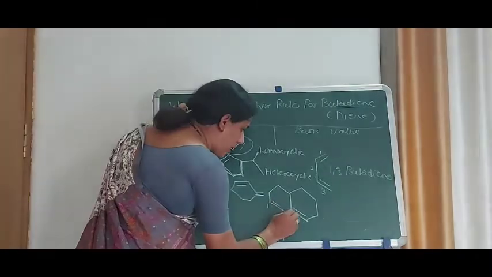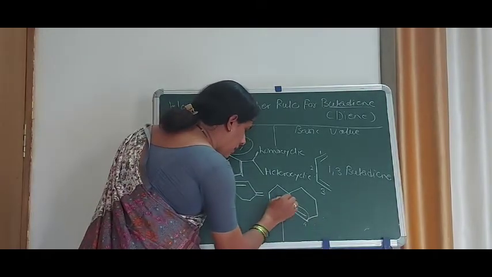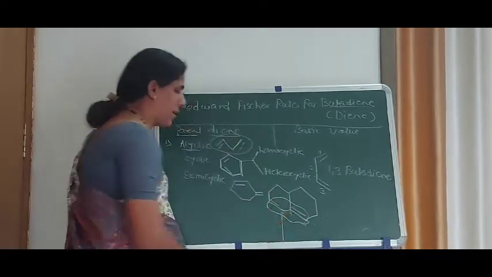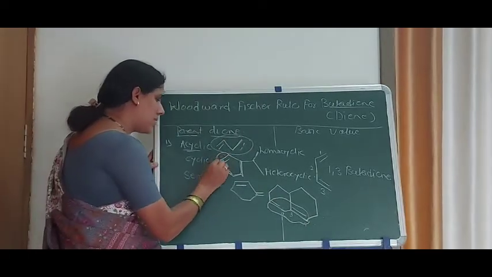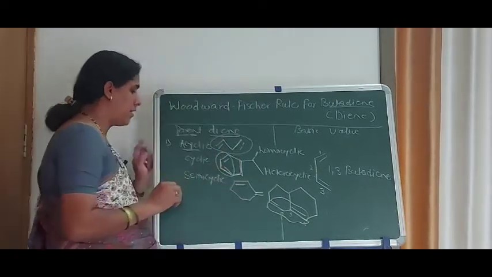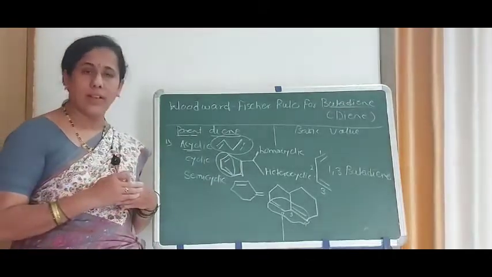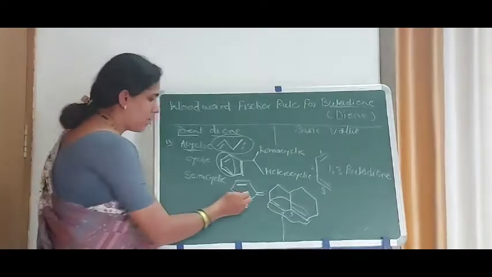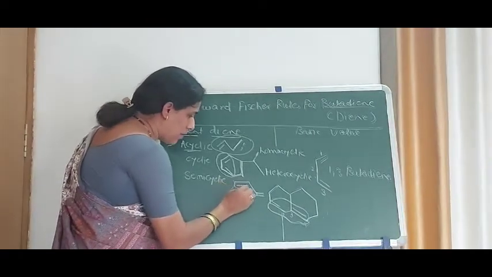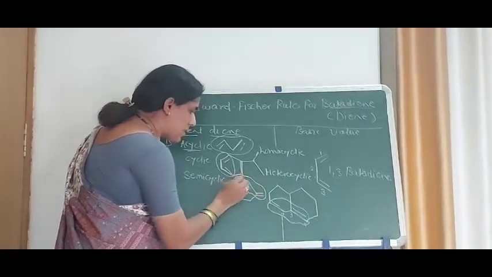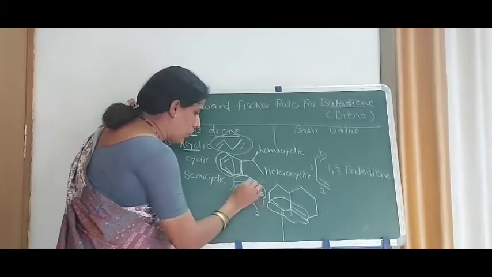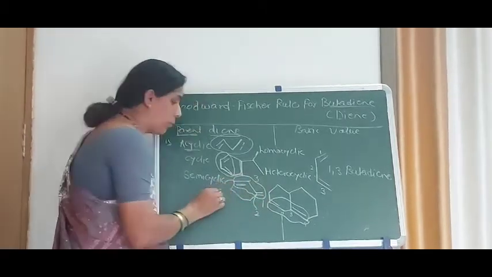First you have to number here 1, 2, 3, 4. This is the butadiene. Here this is the butadiene. What is the semi-cyclic? Semi means half in the ring, half outside the ring. This is also a butadiene. See here 1, 2, 3 and 4.